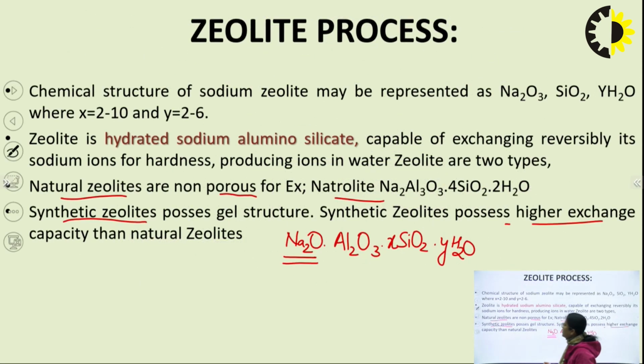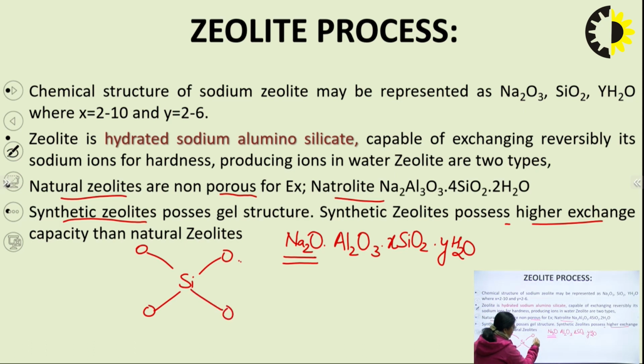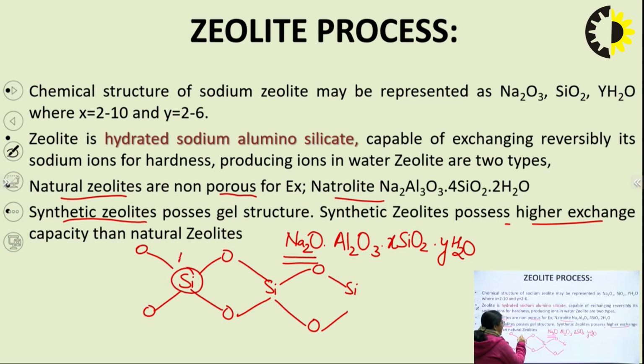Coming to the structure of zeolites, these zeolites are formed by the linking of SiO2 tetrahedra, where each oxygen is shared by two silicon atoms. At some places, these silicon atoms are replaced by aluminium. The oxidation state of silicon is +4 and aluminium is +3.